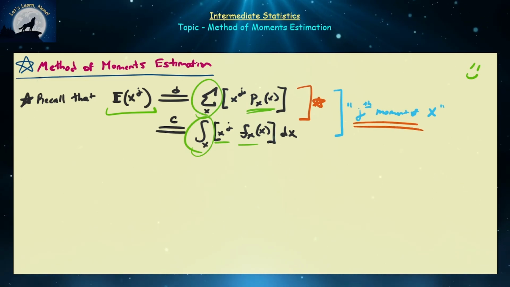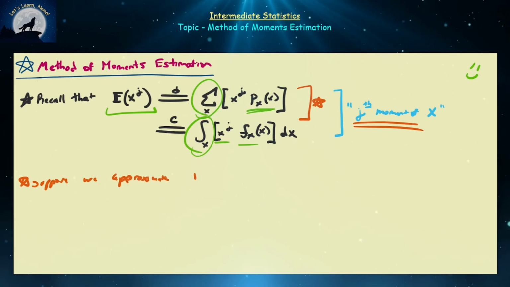So let's suppose we approximate, if we're only considering the discrete case, the probability mass function by f_x of x divided by m.